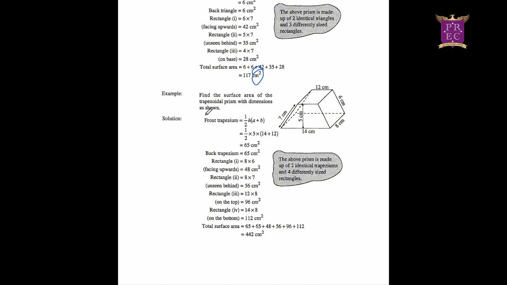Sorry, it's 26 times 5, so it's 130, and we divide it by 2 because it's half times height times a plus b. So we get 130 divided by 2, which is 65. That's the front trapezium. The back trapezium will be 65 as well, so we just add the 65s together to get us 130.